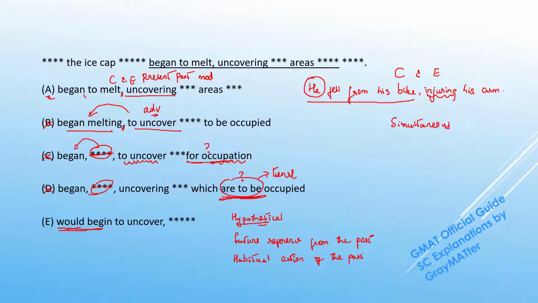Now we're talking history in this sentence. So this is definitely not a hypothetical situation. And we are talking about a past situation. So it is not a future reference from the past either. And I'm not giving you examples of these cases because it is not relevant to this particular question. But the third case is relevant. So let me give you an example here.